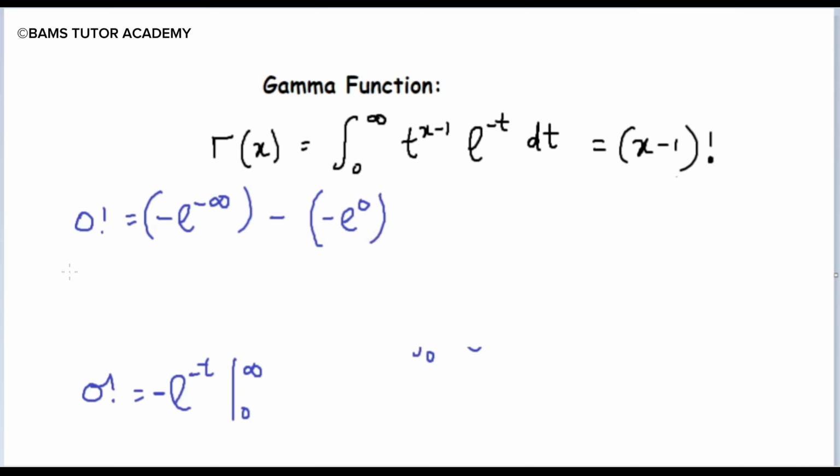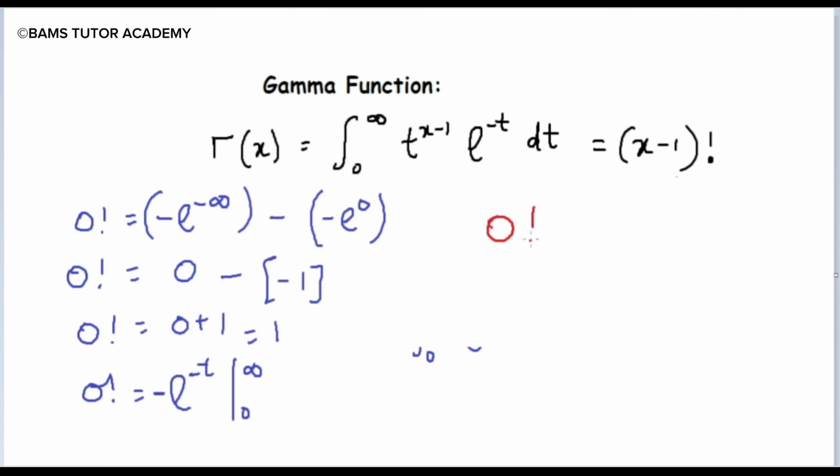So 0 factorial is equal to, e raised to the power minus infinity is obviously 0, minus minus e raised to the power 0 is 1, because e raised to the power 0 is 1. So 0 factorial is 0 plus 1, and 0 plus 1 is 1. So therefore, using the gamma function, we've been able to prove that 0 factorial is equal to 1.